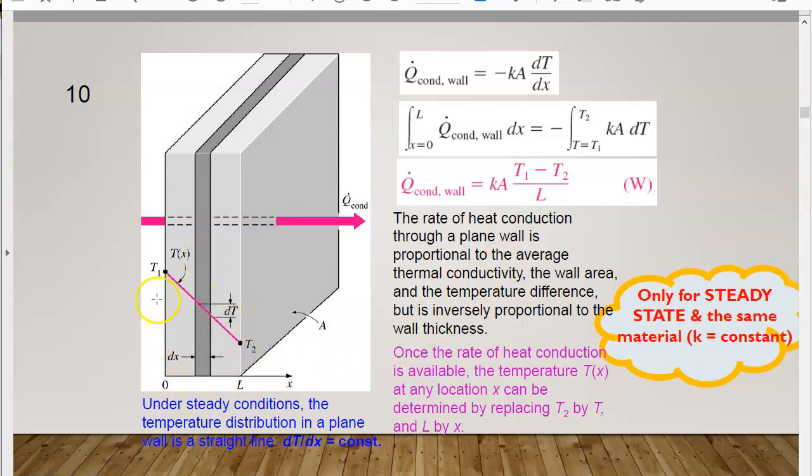As you can see, T actually drops when it goes from one material to another one, but the K is almost the same. That's why this is a straight line, or the K doesn't reflect so much. Then we have a decreasing of Q conduction.